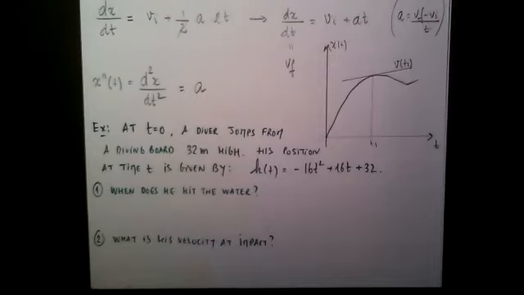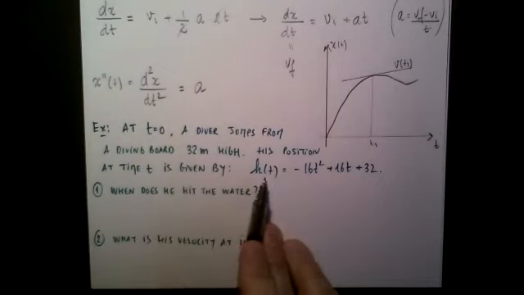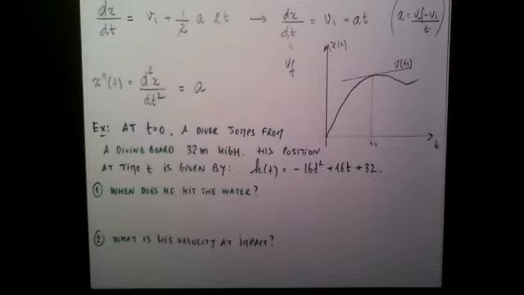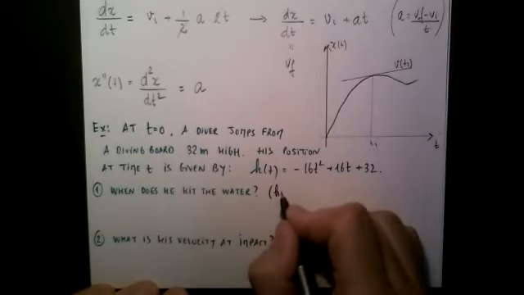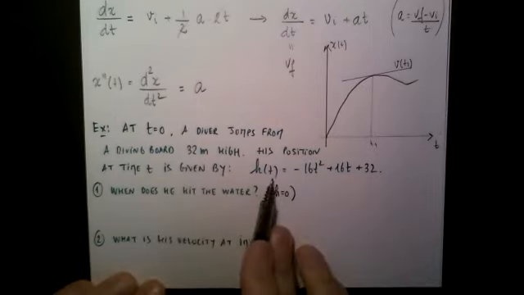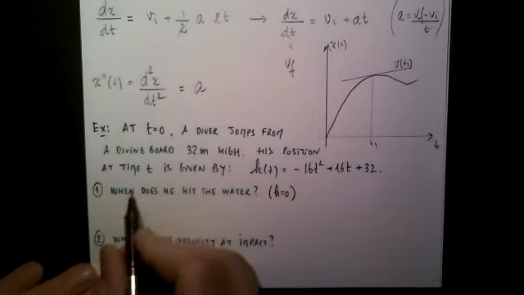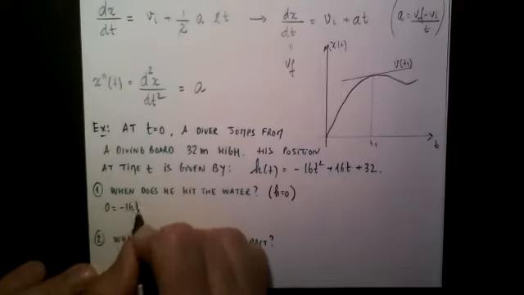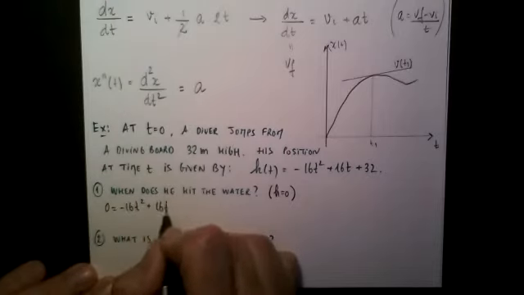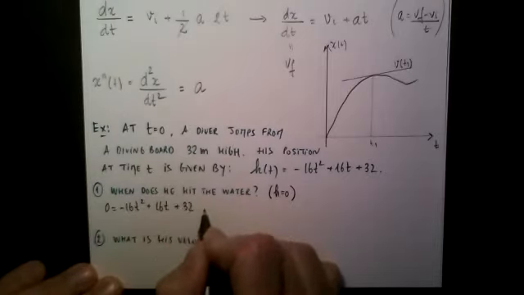So when does he hit the water? This is when, of course, the height is 0, right? So I have to solve when h is equal to 0. So 0 equals negative 16t squared plus 16t plus 32.